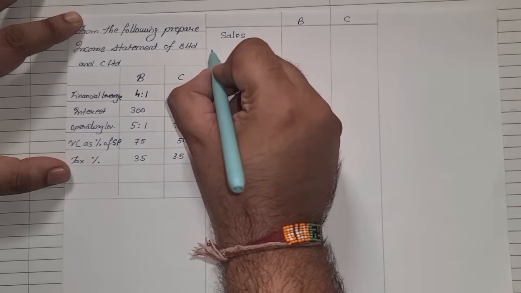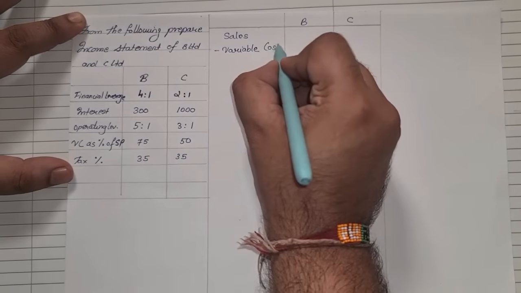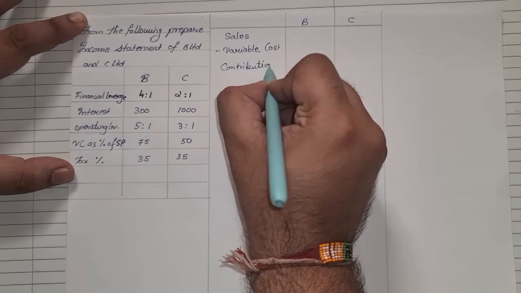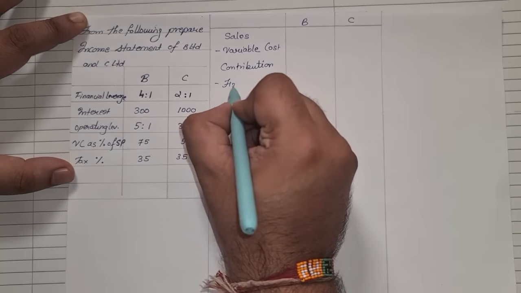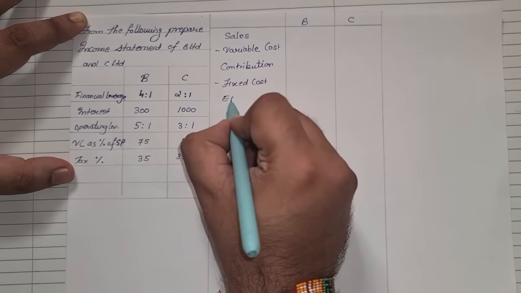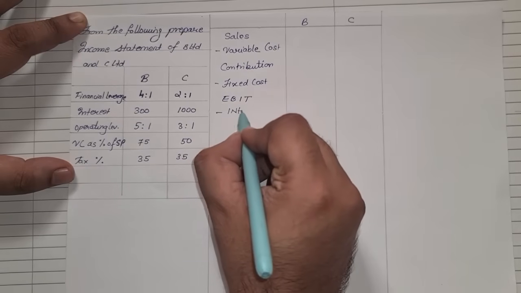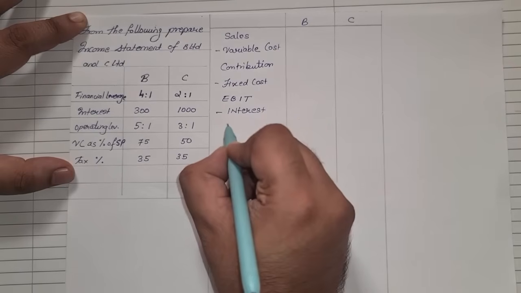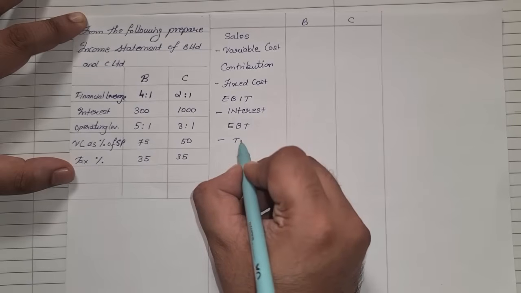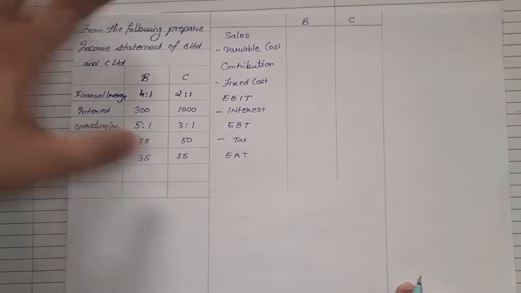Sales less variable cost gives us contribution, less fixed cost gives you earning before interest and tax, less interest gives you earning before tax, and since there is tax given in the question, I'll write less tax will give you earning after tax.